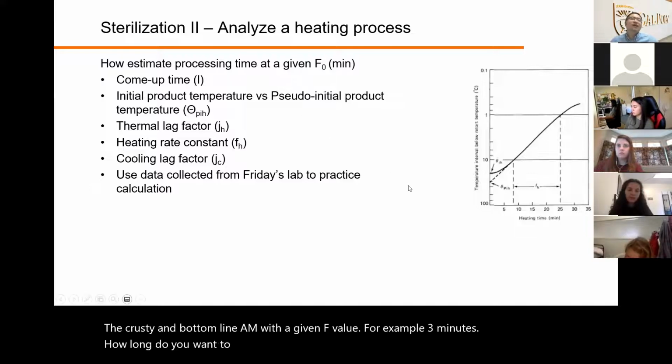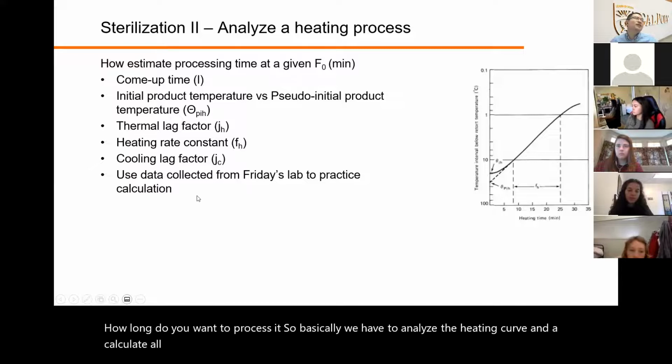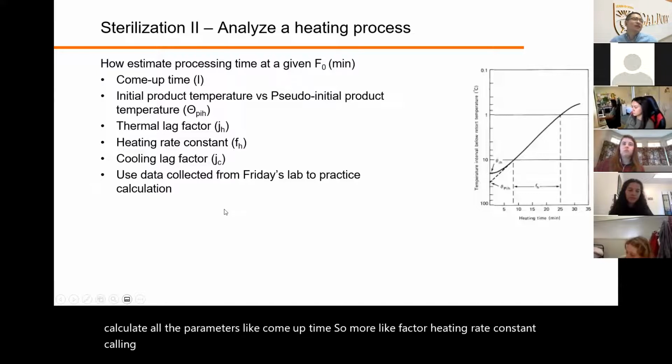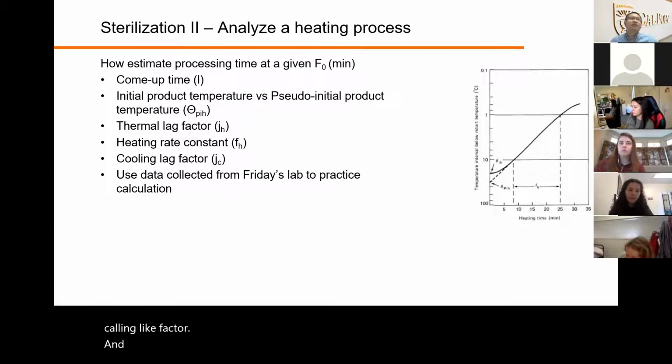So basically we have to analyze the heating curve and calculate all the parameters like come-up time, thermal lag factor, heating rate constant, cooling lag factor, and use all those parameters to calculate the processing time, the estimation, right?